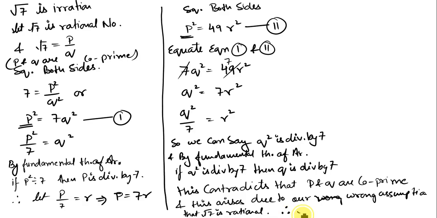So we will say, therefore, root 7 is irrational. So that is what we are going to do, and this is the exact solution that we will write.